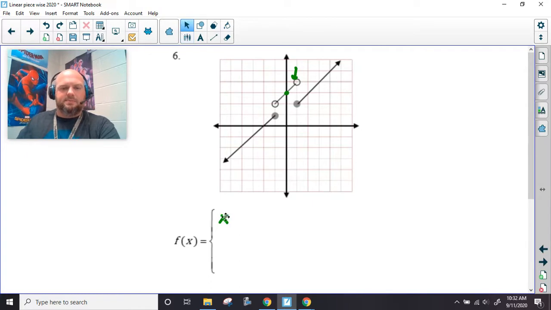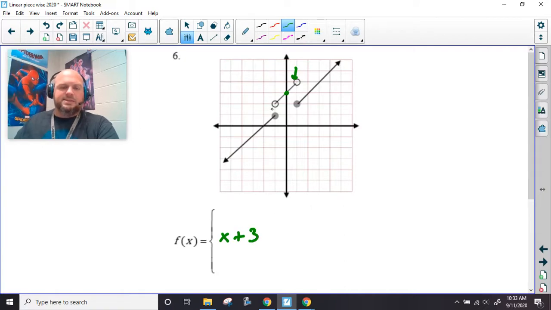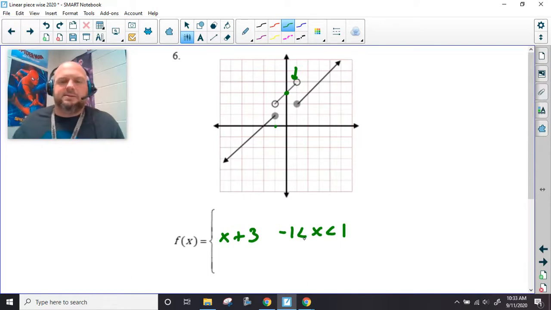Let me put it in the middle. Okay, x plus 3. Now, this is like a compound inequality. So this is from -1 to +1. So -1, this one, this one. And there are open circles right here. Now, I just picked that one because it looked the easiest.